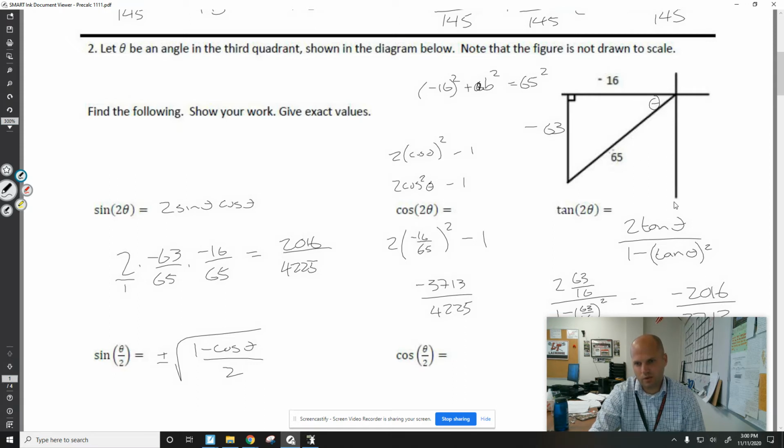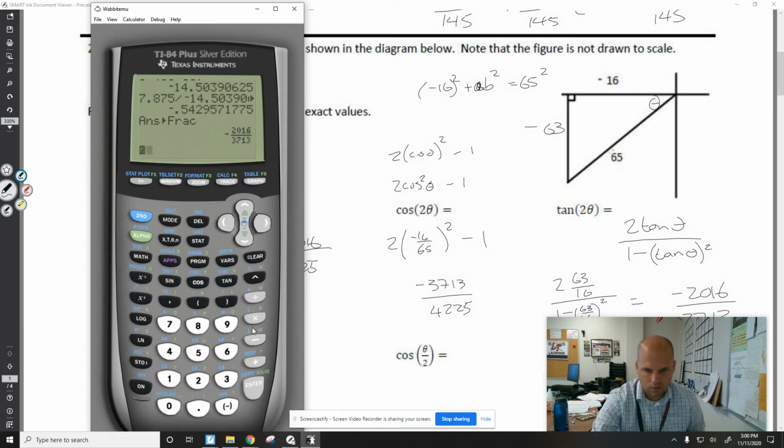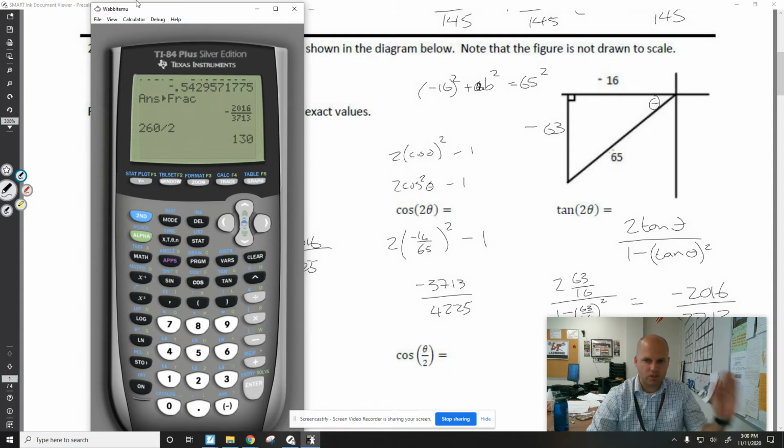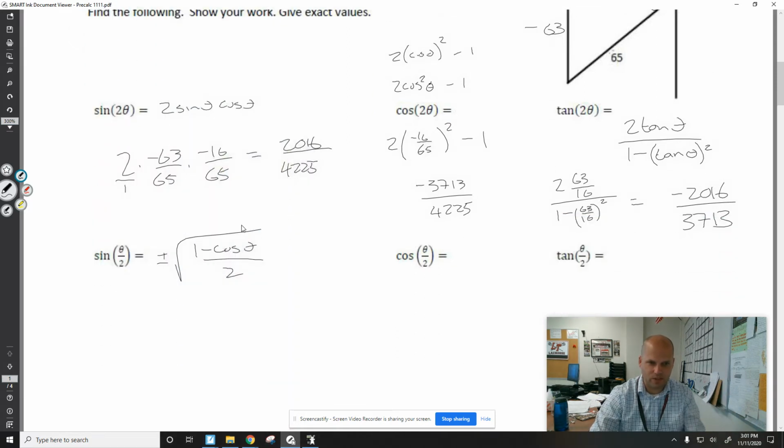So it's close to, this is 180, this is 270. So it's probably 260. If I take 260 and divide it by 2, I get 130. Okay, so 130 is in the second quadrant, which is why I'm thinking that the cosine value is negative. The sine value in the second quadrant is positive. So I think this answer is positive based on theta over 2.